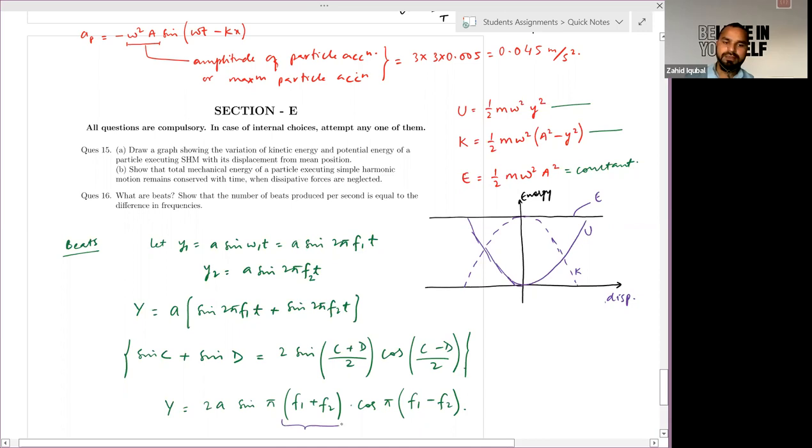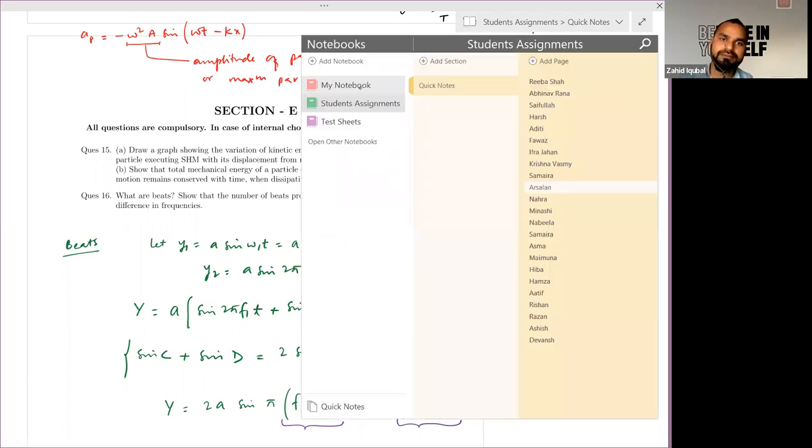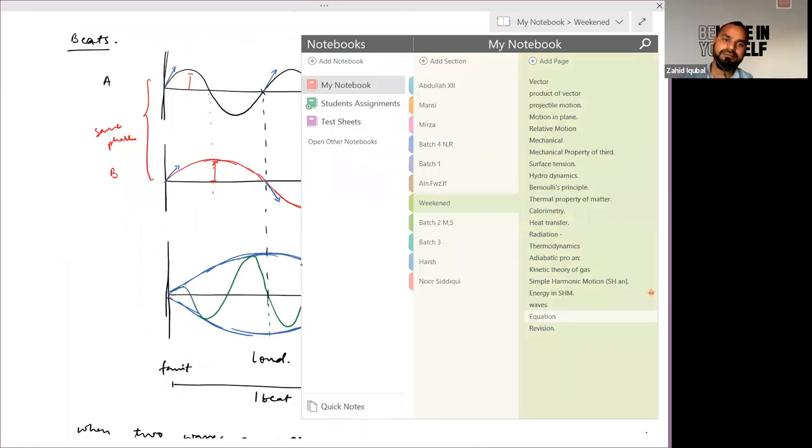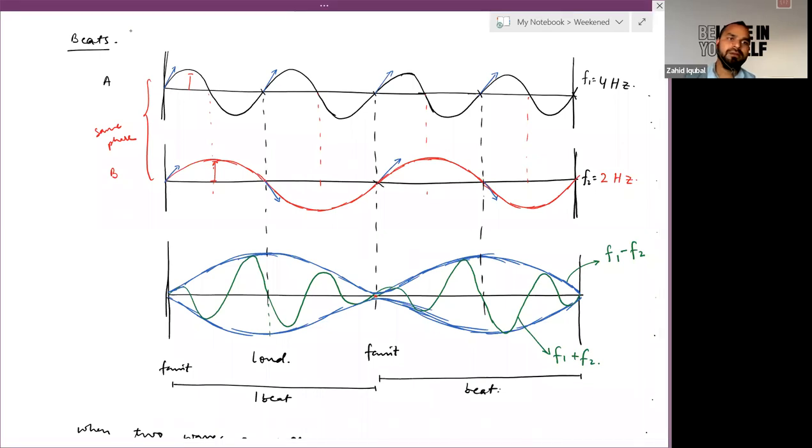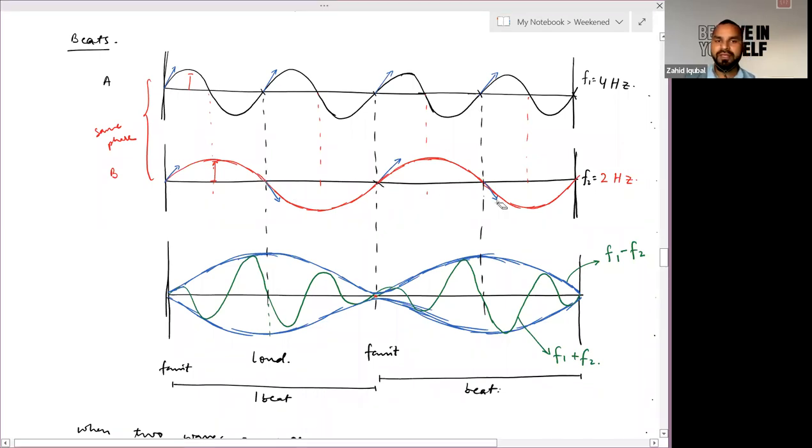This addition part will define the amplitude variation, and this part will define the loud and faint sound of that particular beat. Let me just show you. We have two different waves having different frequency, same amplitude, and same phase.